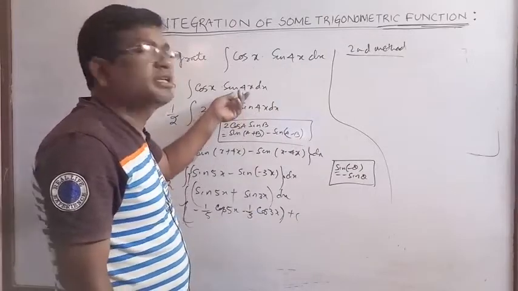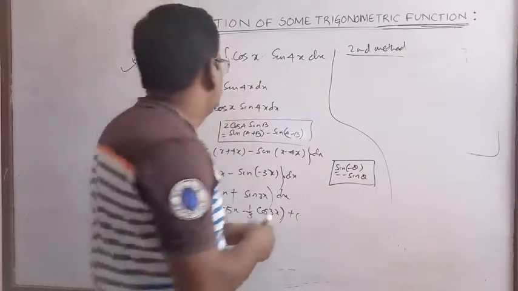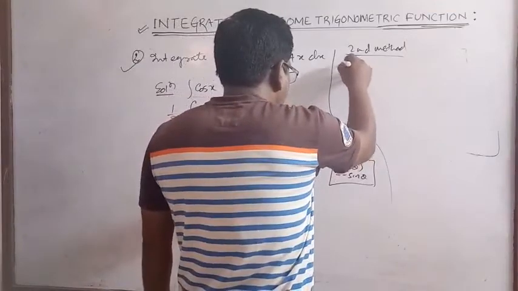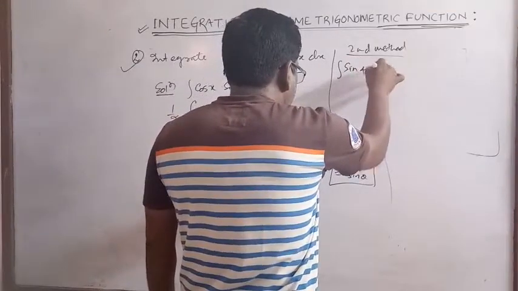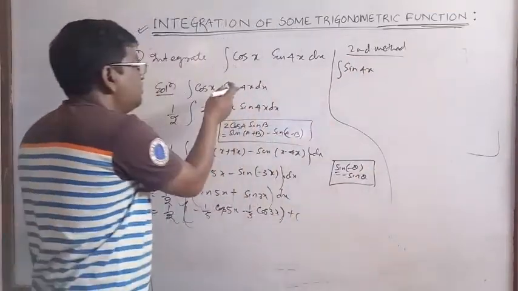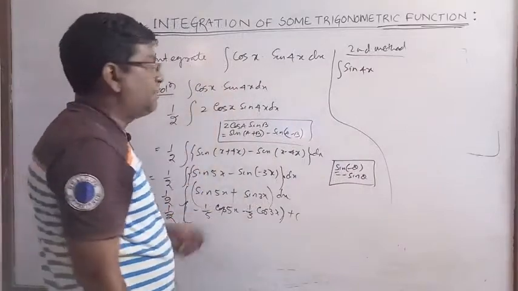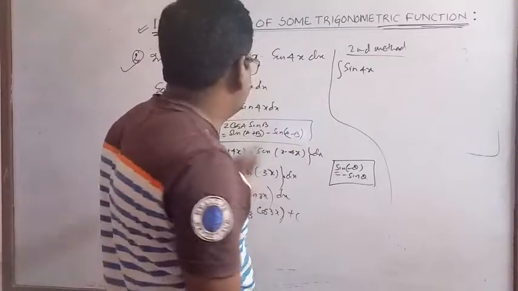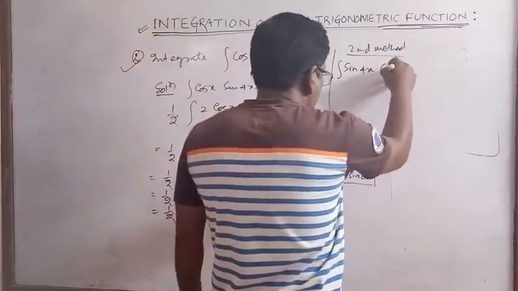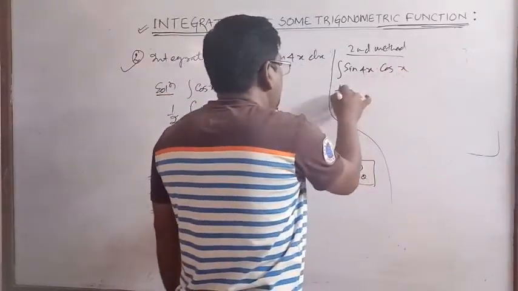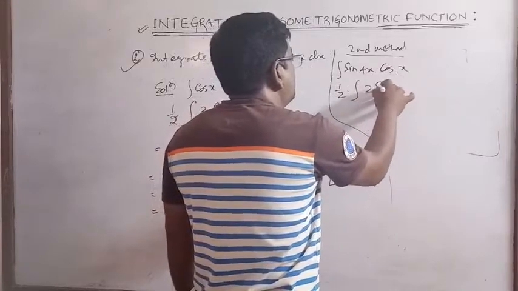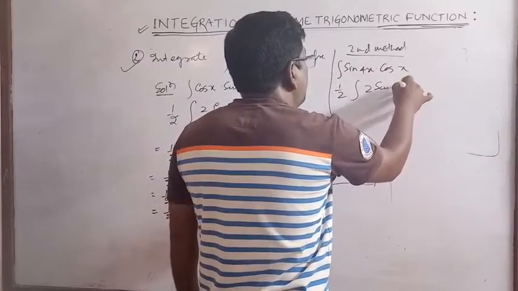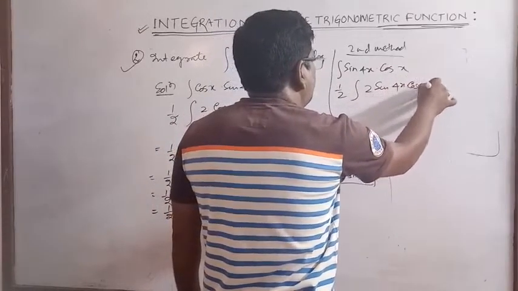Here sin 4x is the larger angle, so write the integration of sin 4x first, interchange. Second method, interchange. First we have to write the larger angle sin 4x and cos x into 2 by 2, so this is 2 sin 4x into cos x dx.